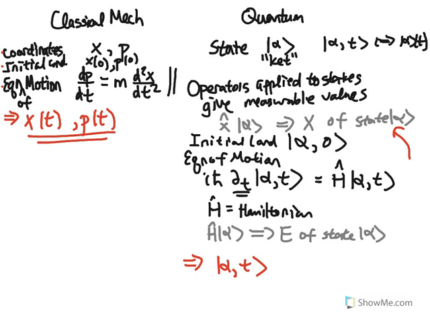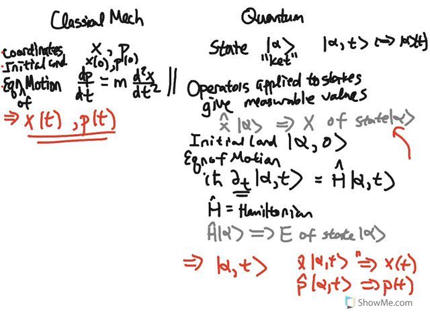Then if you apply x hat or p hat to your alpha of t, this gives you "x of t" and "p of t." I'm putting these in quotes because they're not exactly that. But this is the basic idea: quantum mechanics and classical mechanics are trying to do essentially the same thing.